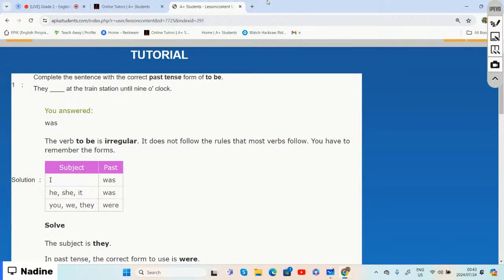And if we look at our subject, if we're making mention of I, something that I did, in our past tense, the verb in the past tense, we would say was.